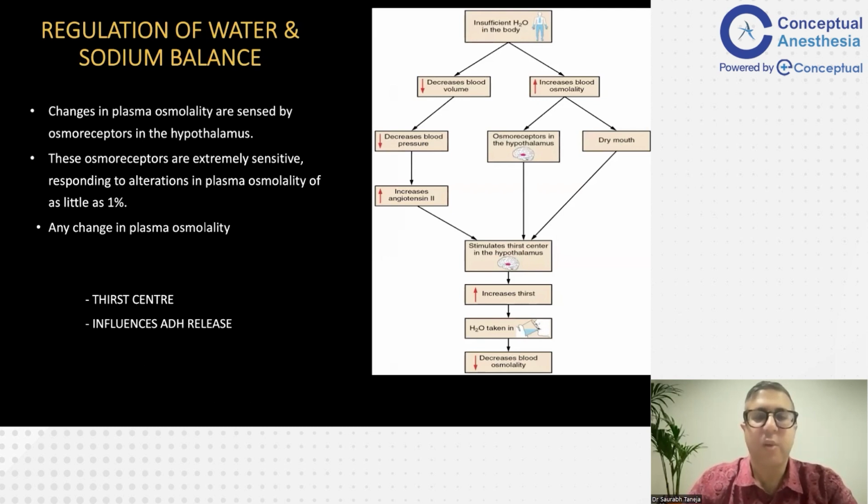When there is a decrease in blood volume or an increase in blood osmolality, decreased blood volume leads to decreased blood pressure and activates the renin angiotensin aldosterone system. Another thing is that dry mouth and the osmoreceptors in the hypothalamus, which are very sensitive, stimulate the thirst center in the hypothalamus. When you stimulate the thirst center, there is increased thirst, water is taken in, and decreased blood osmolality eventually happens. This is a normal phenomenon that happens in all of us.